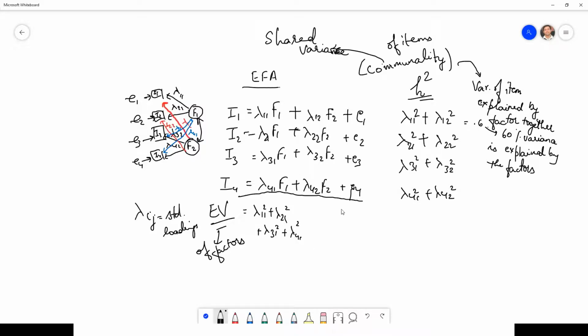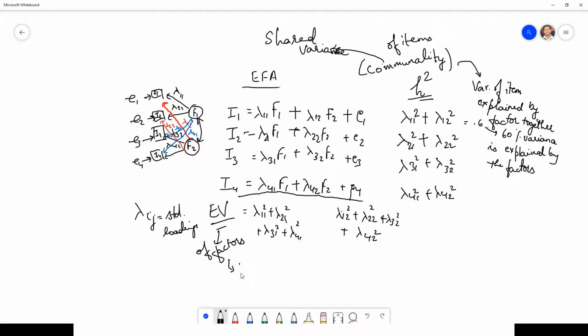The eigenvalue of factor 2 will be the sum of squares of loadings associated with factor 2: lambda 12 squared, lambda 22 squared, lambda 32 squared plus lambda 42 squared. So what is the interpretation of the eigenvalue of factors?